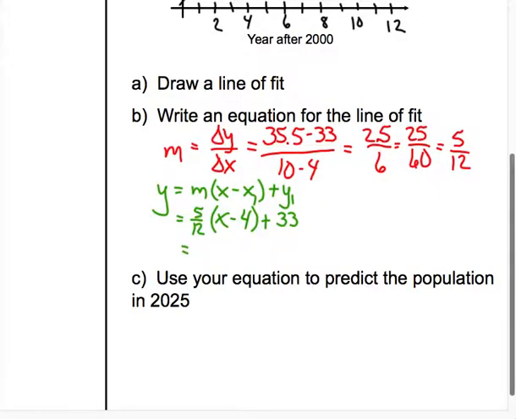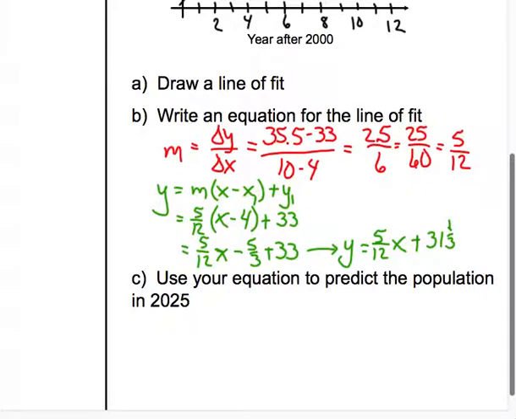To put this into slope-intercept form, I'm going to distribute my 5/12. And that would give me 5/3. So simplifying my negative 5/3 and 33, 5/3 is negative 1 1/3. So I subtract, I get 31 1/3 for my y-intercept.